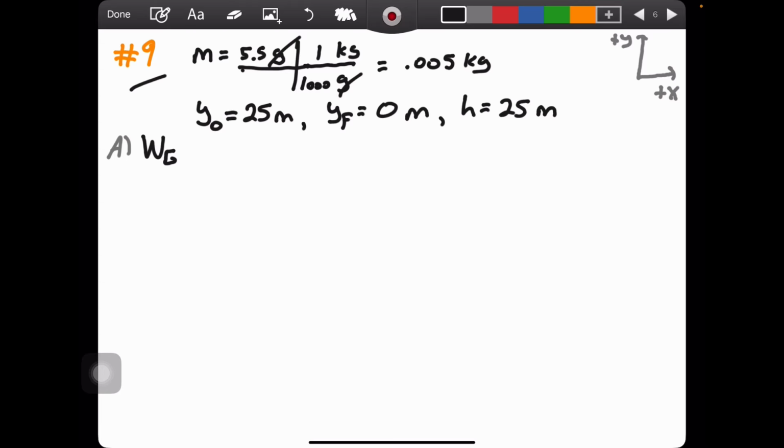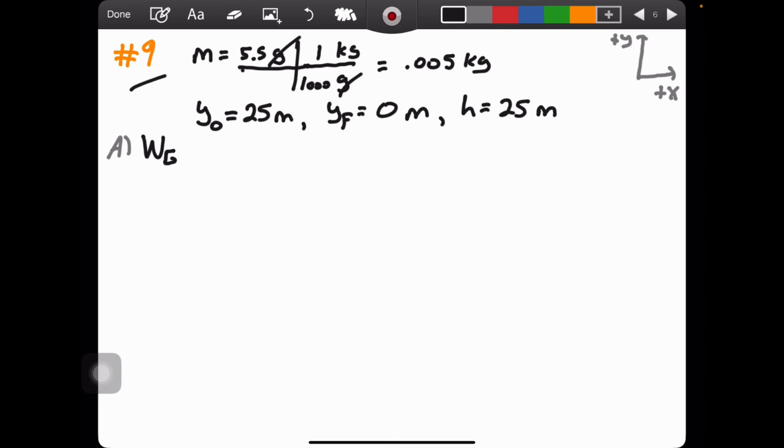And kinetic energy involves velocity, and that allows us to solve for part B. But first things first, we need to figure out the work being done by gravity to accelerate the coin from a height of 25 meters, that's the height of the bridge, down to the surface of the water, which we are calling 0 meters. So the total height is 25 meters.